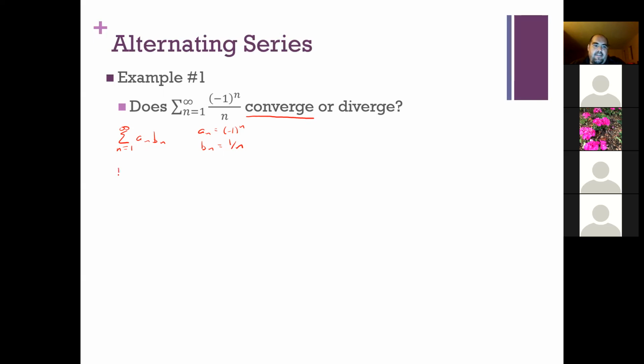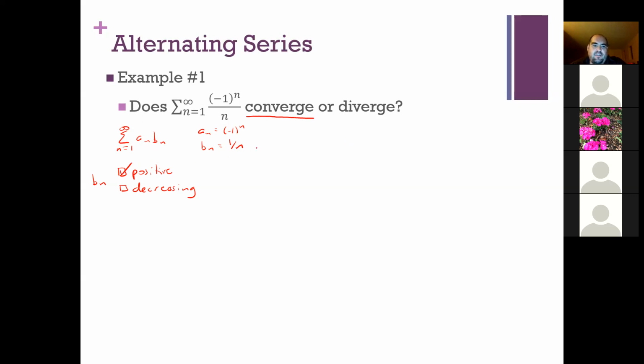So we need to look at b sub n. Is it positive? Is it decreasing? And hopefully we can see that if I divide 1 by a sequence of positive numbers, those are all going to be positive.